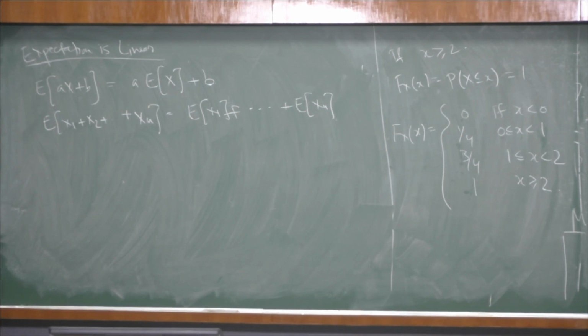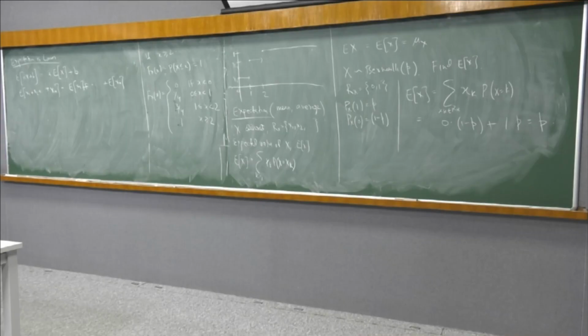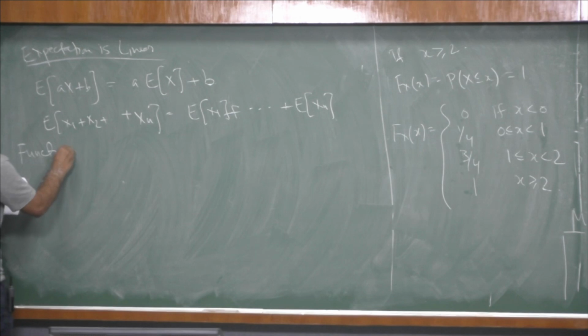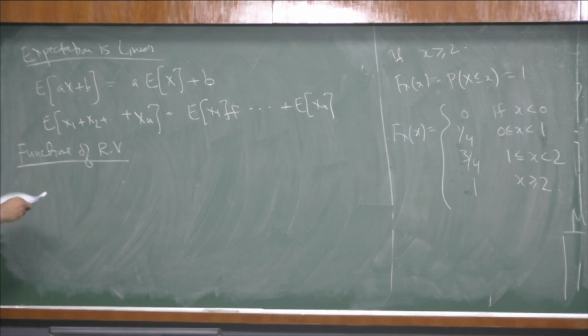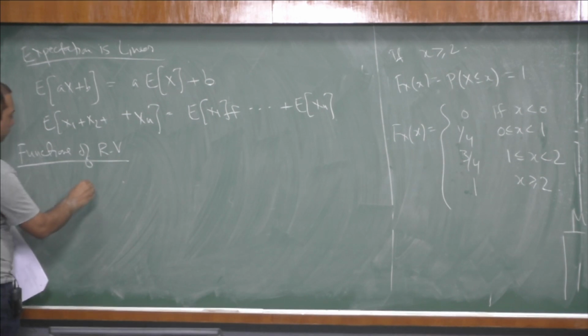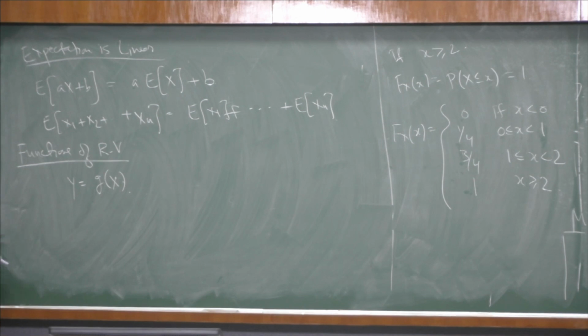Now we can talk about functions of a random variable. Given a random variable X, I can have a function of the random variable: I apply some function and get a Y. Essentially, this is what we are supposed to do in this course.